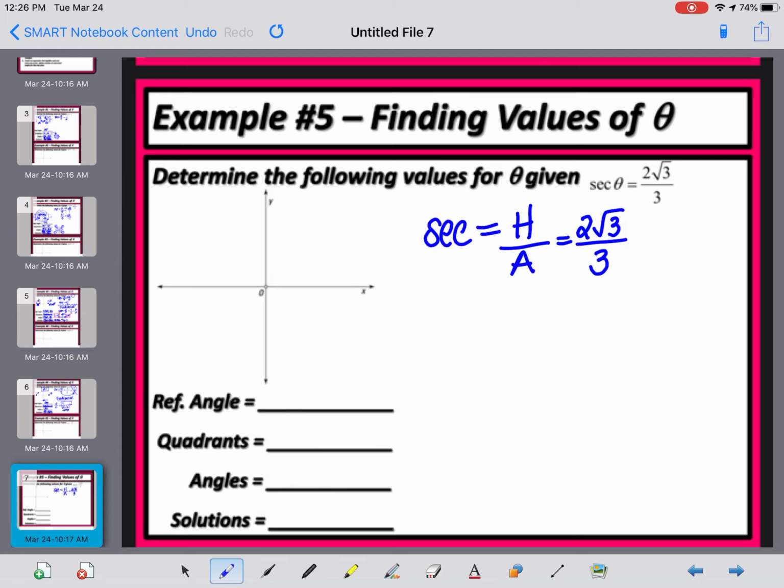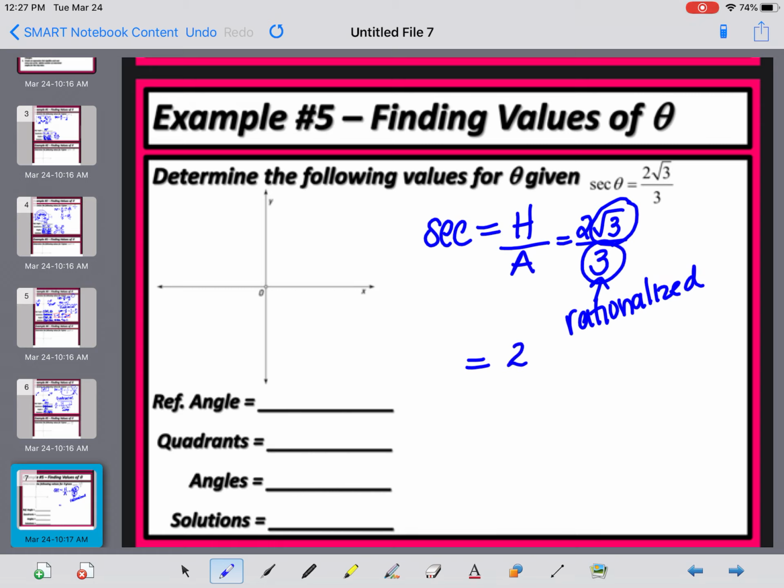But the one thing that you want to start picking up on is that this value has been rationalized. Okay, and I can tell that it's been rationalized when the root on the top matches the same number on the bottom. So I want to walk back that rationalization. I want to undo it.